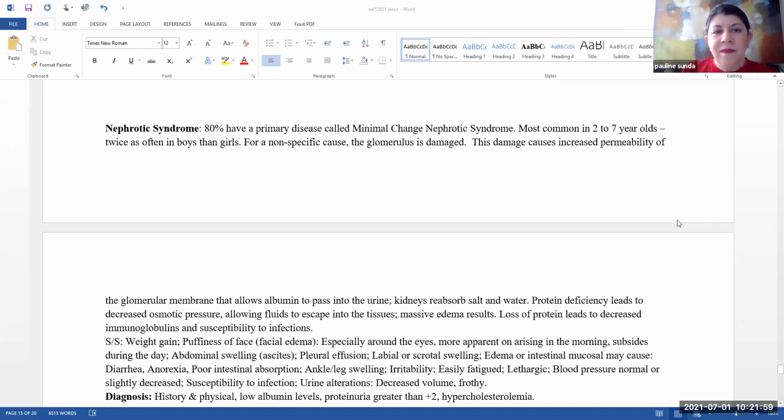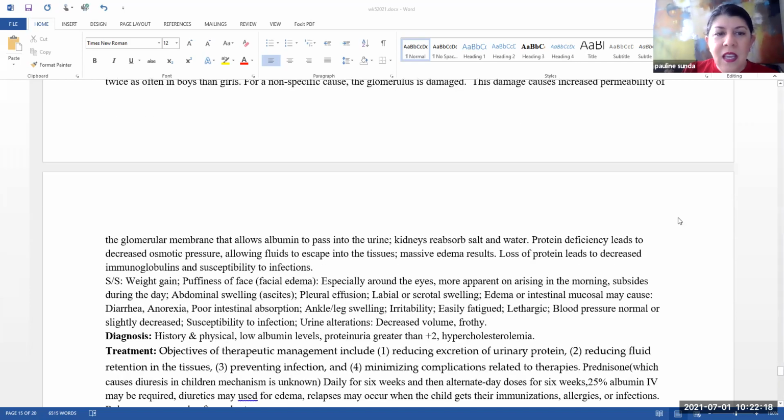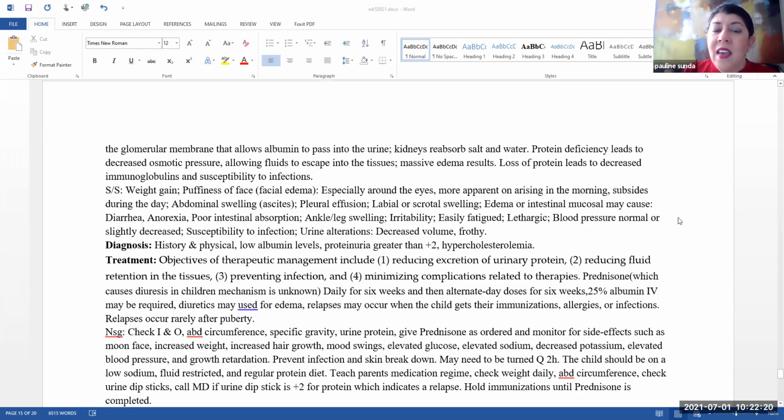Nephrotic syndrome. 80% have a primary disease called minimal change nephrotic syndrome. This is most common in 2 to 7-year-olds, twice as often in boys as girls, and for a nonspecific cause, the glomerulus is damaged. This damage causes increased permeability of the glomerular membrane, and that allows albumin to pass into the urine.